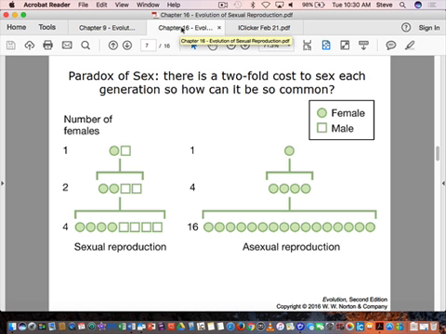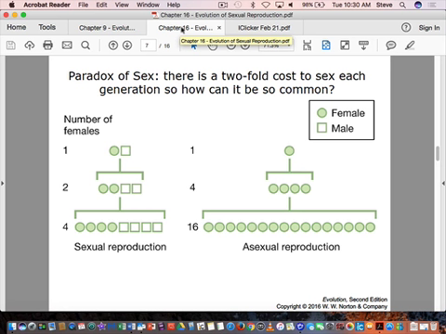Okay? How many are male and how many are female? We're assuming equal sex ratios, and so on average she produces 2 female daughters and 2 male sons. Okay? How about this asexual female? She produces 4 females. Keep doing that.